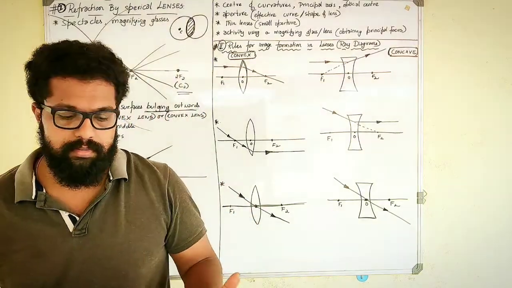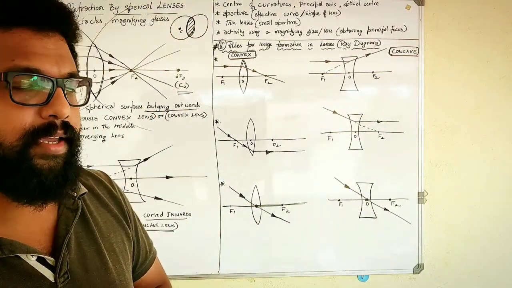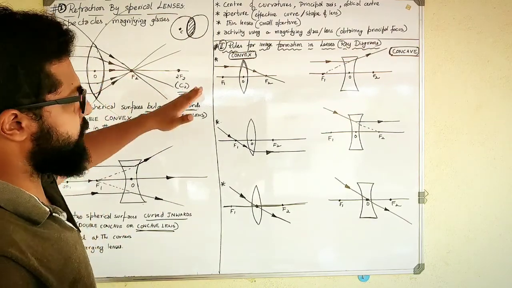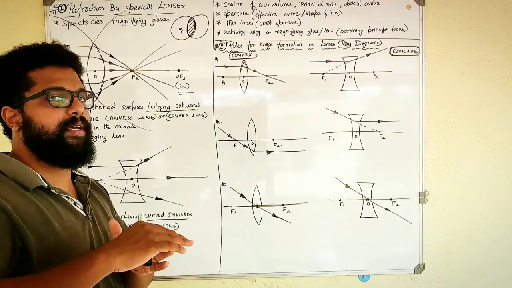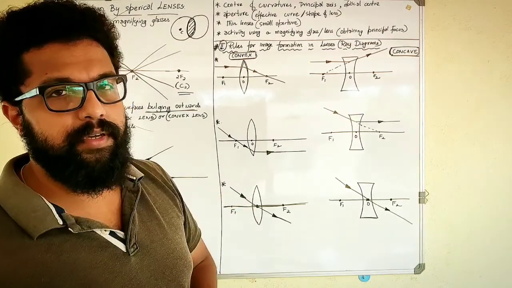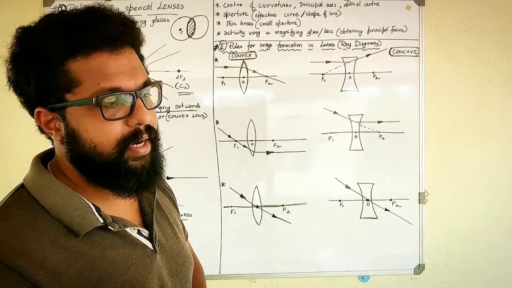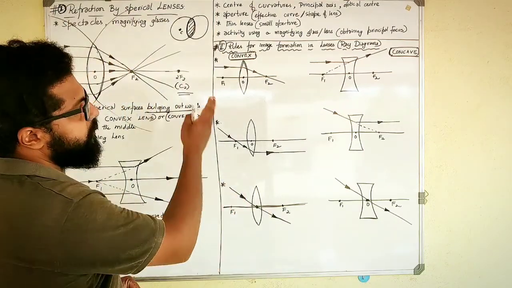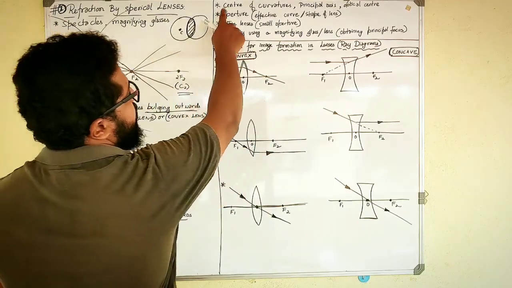So this center of curvature is imaginary again. It is not actually inside the lens. It is outside the lens, and it is imaginary. It is imagined to be the center of a sphere whose part is a lens, or whose lens is a part of that sphere, and that is called center of curvature.